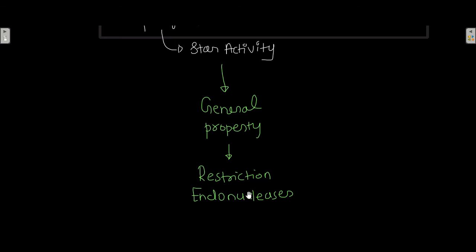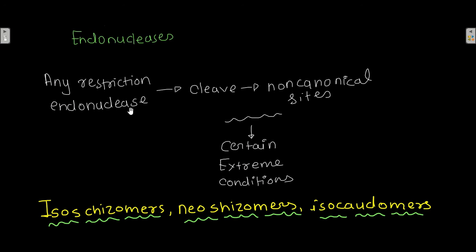Any restriction endonuclease will cleave at non-canonical sites in certain extreme conditions, and that is what star activity is all about. In non-standard conditions, you cleave a sequence which is not identical to the recognition site for which that enzyme works.